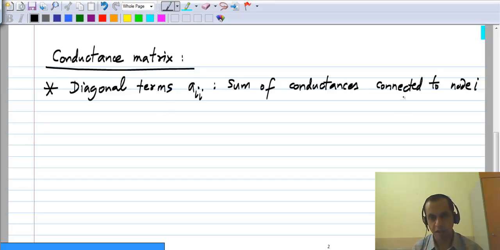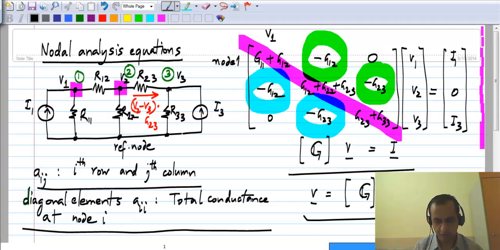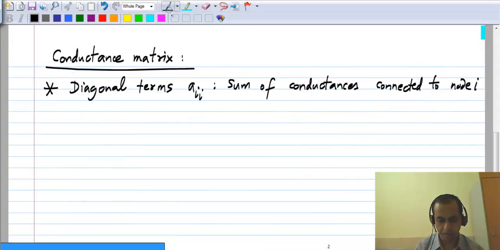And it's quite clear why this happens, because again we are summing all of the currents flowing out of, let's say, node 2. Now there are 3 currents here, through G12, through G22 and through G23. All of them will have V2 in them. The current through G12 is V2 minus V1 times G12. Current through G22 is V2 minus 0 times G22, and current through G23 is V2 minus V3 times G23. So all of them will have V2. So the sum of all conductances connected to a node will appear in the diagonal.